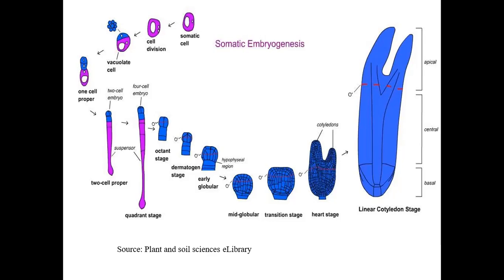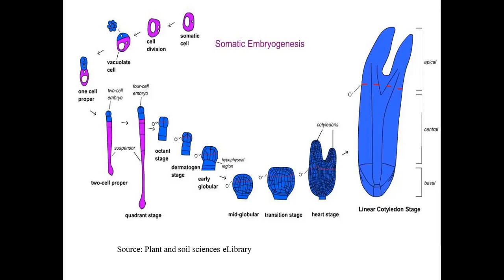Somatic embryos do not become dormant, and they lack endosperm differentiation. You don't have any vascular connections whatsoever in somatic embryos. Unlike zygotic embryos, somatic embryos often show secondary embryogenesis, for unsynchronous development.